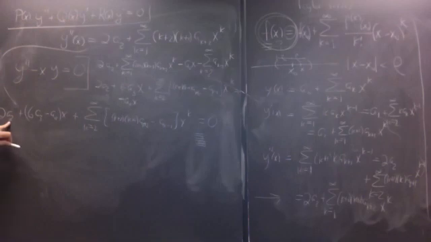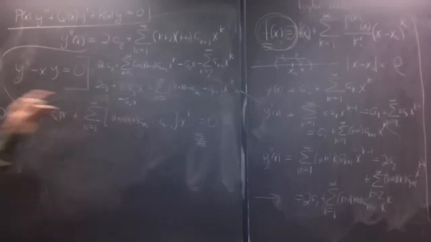So if I have 2A2 here, sitting by itself, A2 has to be 0. A2 is 0. It's the only thing it can possibly be, because this whole left-hand side is exactly 0 for every x, and therefore has to be 0.